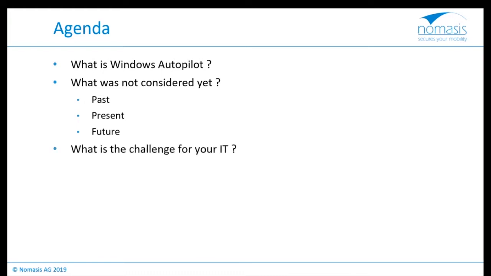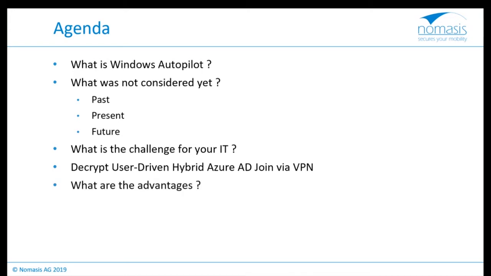So this allows us to summarize today's challenge for the IT. After that, we will slowly decrypt and unwrap user-driven hybrid Azure AD join via VPN and what it is about. We will, of course, summarize its advantages, and in the end, I will show you how to configure this, not diving too far into detail, but I also want our hands getting a bit dirty with a small walkthrough within Microsoft Intune.